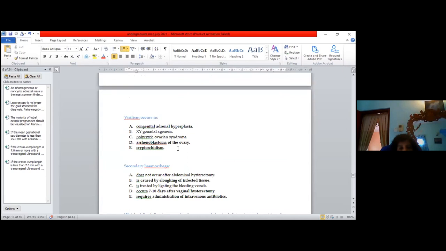So virilism occurs in congenital adrenal hyperplasia. Yes. XY gonadal agenesis, no. Now, what is this gonadal agenesis? In an XX or XY fetus, the gonads fail to develop.